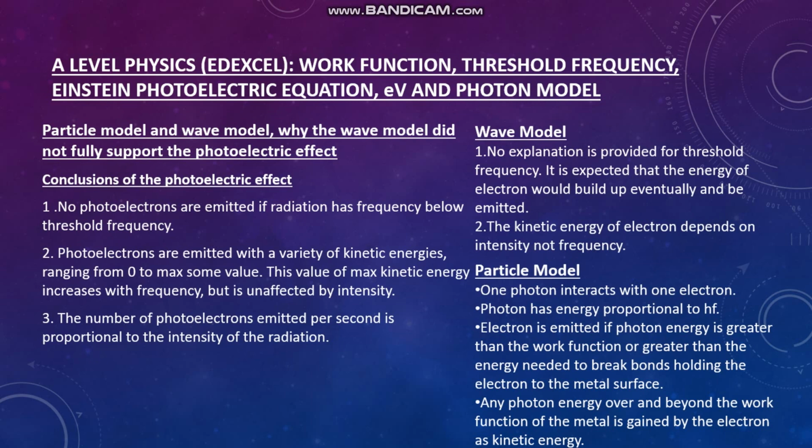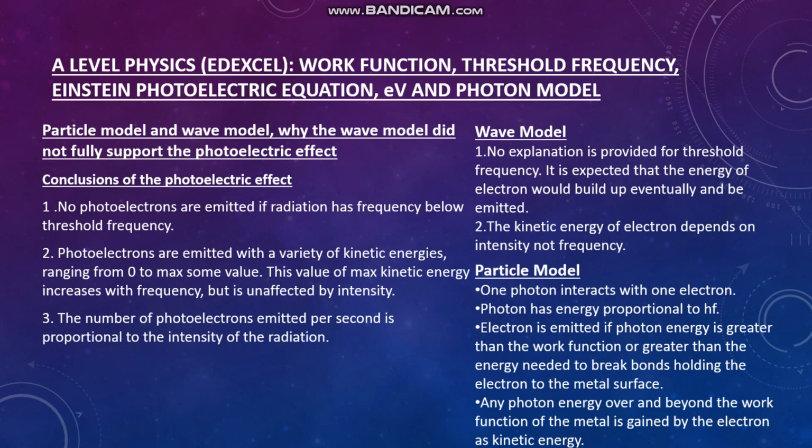And basically, any photon energy over and beyond the work function of the metal is gained by the electron as kinetic energy. Now, the reason that the particle model actually supports the experimental conclusions for the photoelectric effect is due to the photon energy, which is represented by E equals hf, with f being the frequency of incident radiation that has to be above a certain level to produce the emission of electrons from the metal surface. And this certain level is referred to as the threshold frequency.